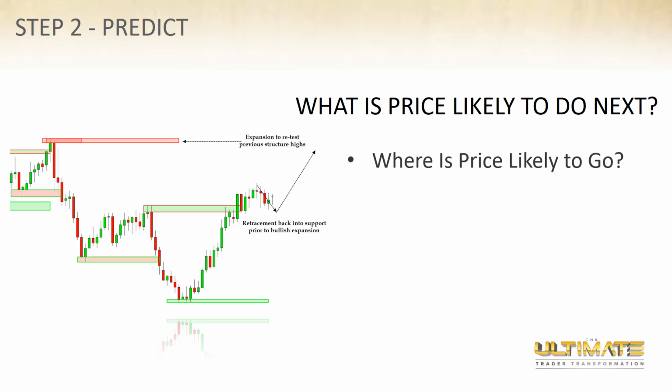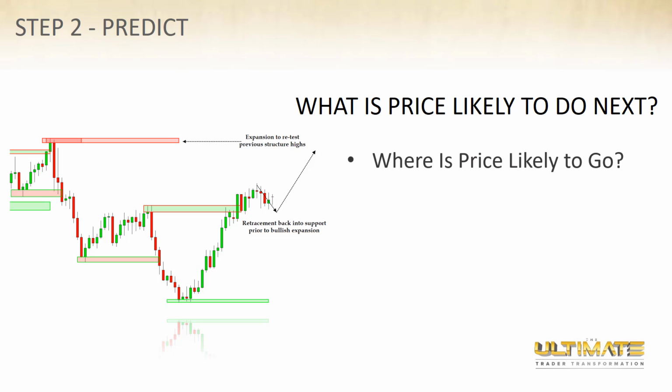So based on this scenario, my prediction would be that price action will test previous structure resistance, those previous structure highs up at the red DSR zone. Why? Well, because there's really nothing else standing in the way of that level.